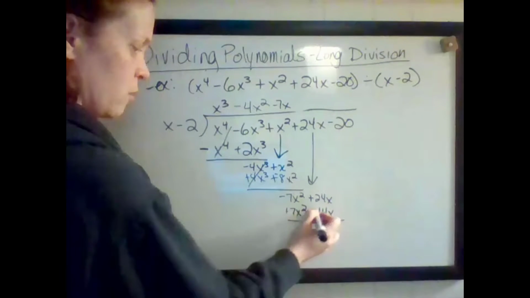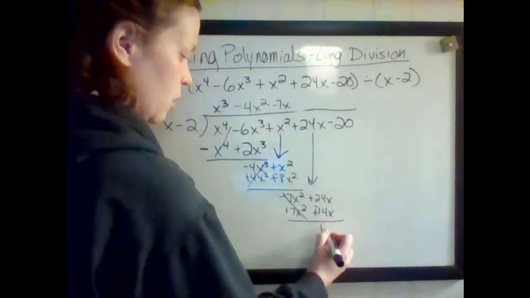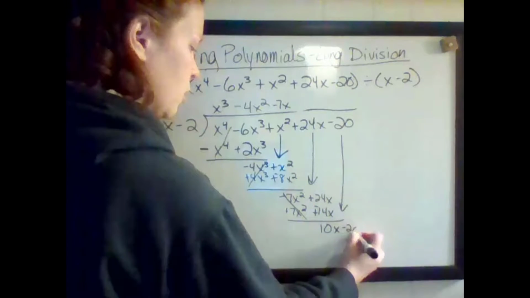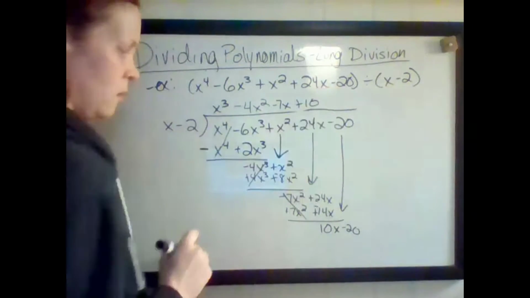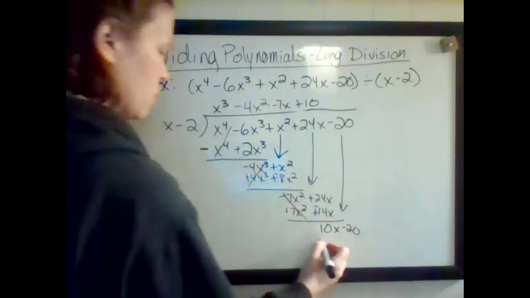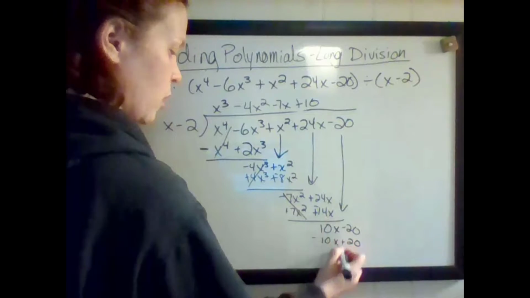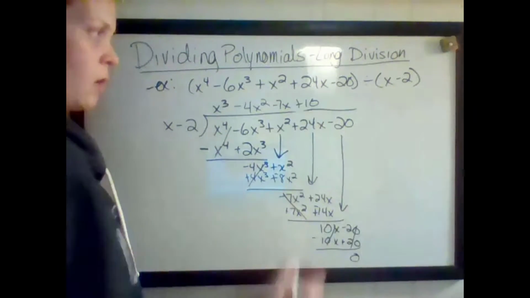Okay, subtracting, so we flip the signs. 24 minus 14 is 10x. Bring down the minus 20. x times 10 gets me 10x, so 10x minus 20. Subtract. Gone, gone. 0, nothing left to bring down.